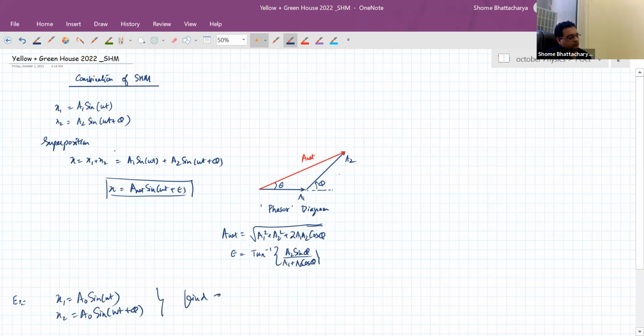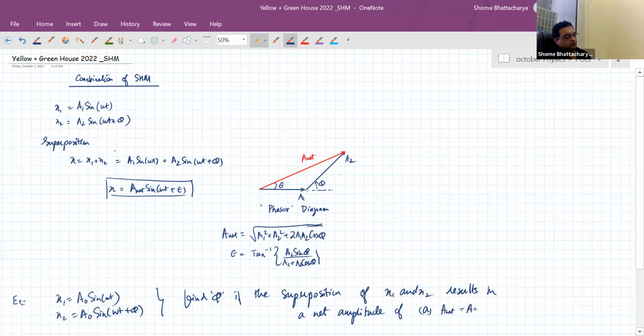Find phi if the superposition of x1 and x2 results in a net amplitude of P naught, or P naught root 3.